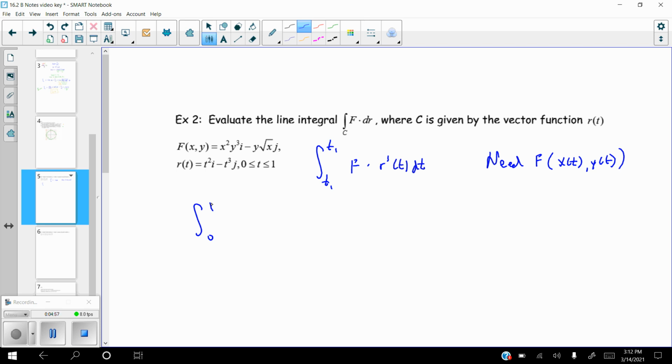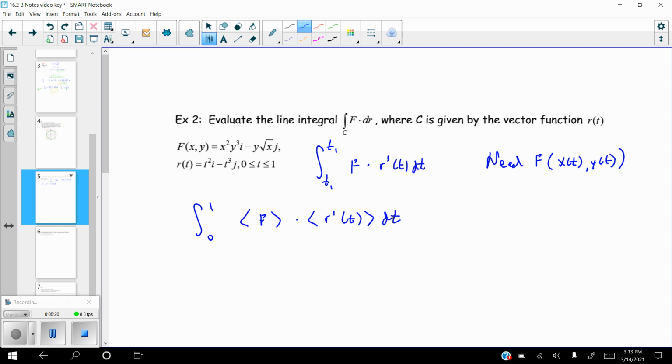So we have the integral of our vector function F, parameterized, dotted with r prime of t dt. We need to figure these things out. The first thing is, let's define our F function parametrically.